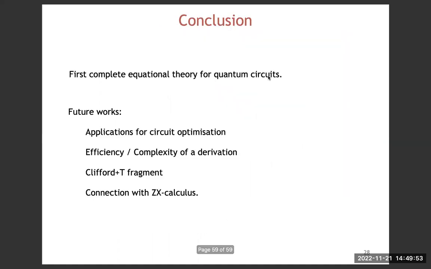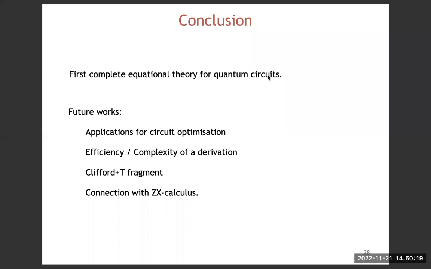Okay, good. So, to conclude, we have introduced this first equational theory for quantum circuits without restriction on the size of the circuit or the angles and so on. As future work, it's good to have a complete equational theory, but it would be even better if we can use it for applications like circuit optimization.